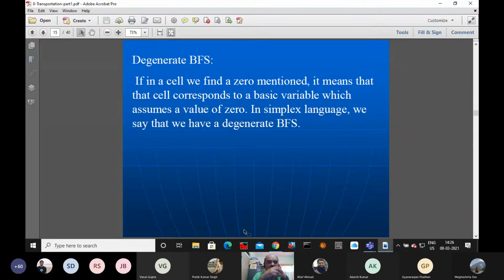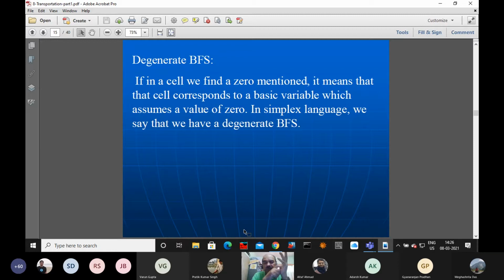Then we are discussing the degenerate basic feasible solution. If in a cell we find a zero mentioned, it means that the cell corresponds to a basic variable which assumes the value zero. In simplex language, we say that we have a degenerate basic feasible solution. Exactly, it should have m plus n minus 1 non-zero values.